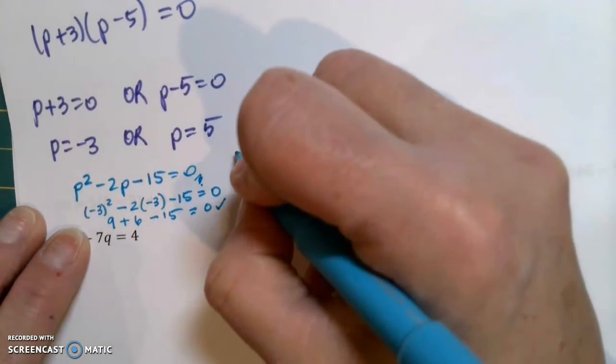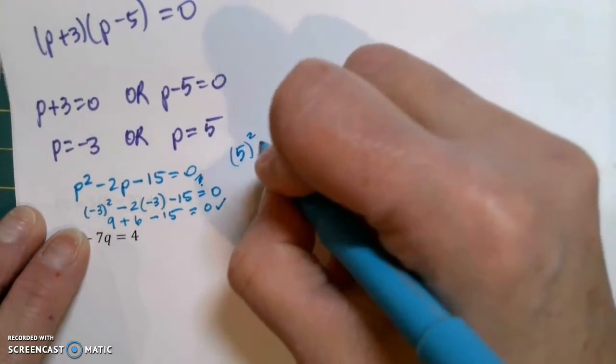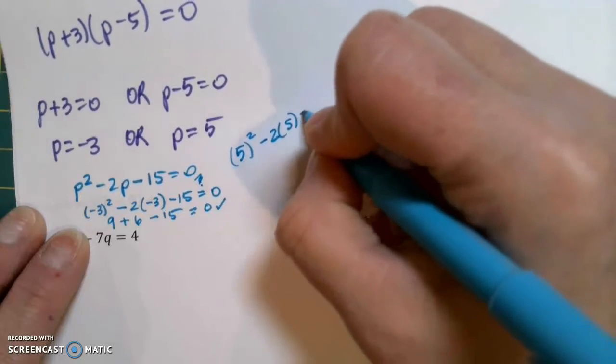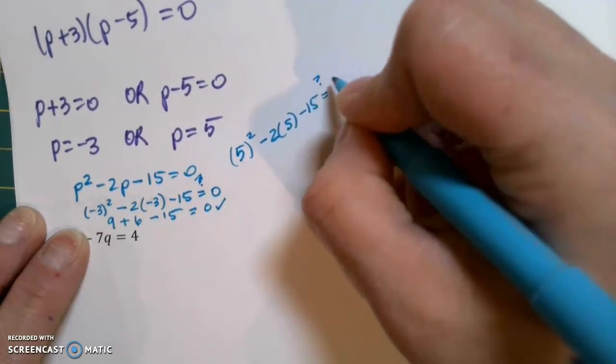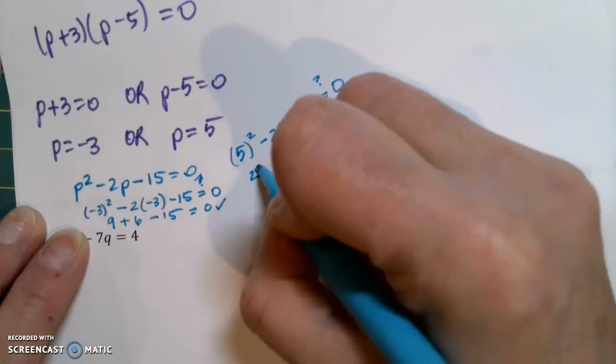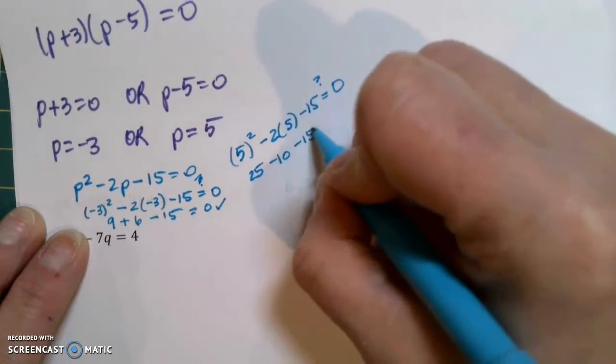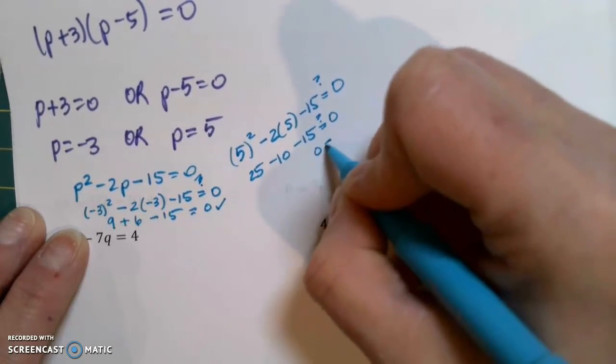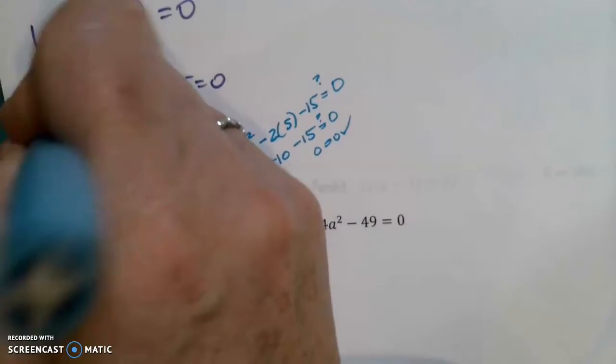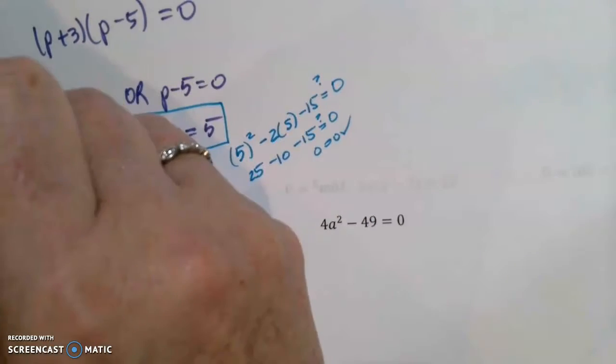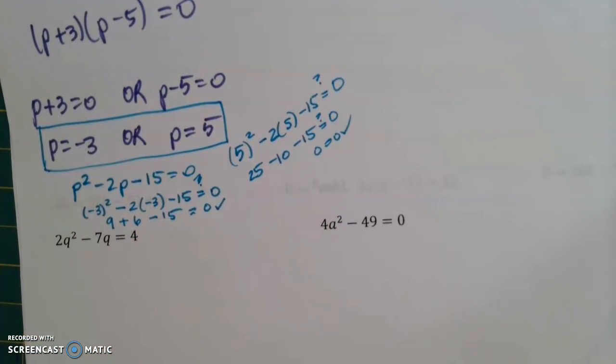And then if we plug in the positive 5, 5 squared minus 2 times 5 minus 15, does that one equal 0? So 25 minus 10 minus 15, and we will also get 0 equals 0 there. So both of those answers do check in our original equation, so we can throw the box around it and call it good.